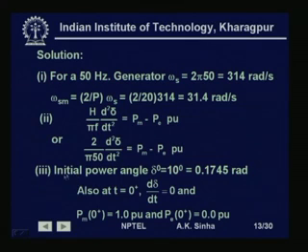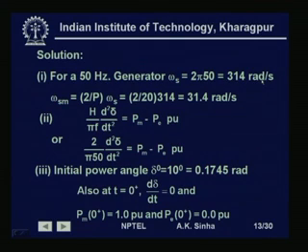Now, for the first part, we know that the frequency is 50 hertz. So, the synchronous speed of the generator omega s will be equal to twice pi f, which is equal to 314 radians per second. So, 2 pi into f, f is 50 hertz.